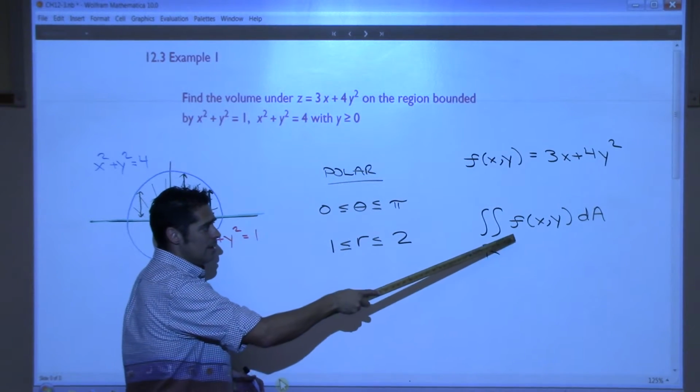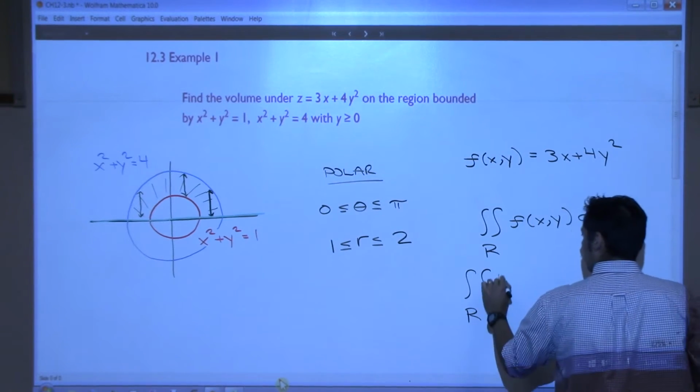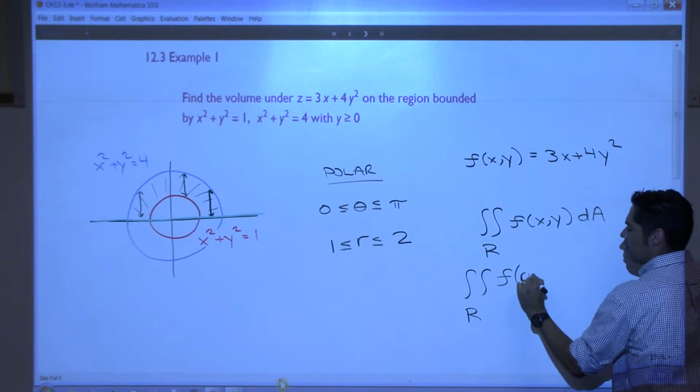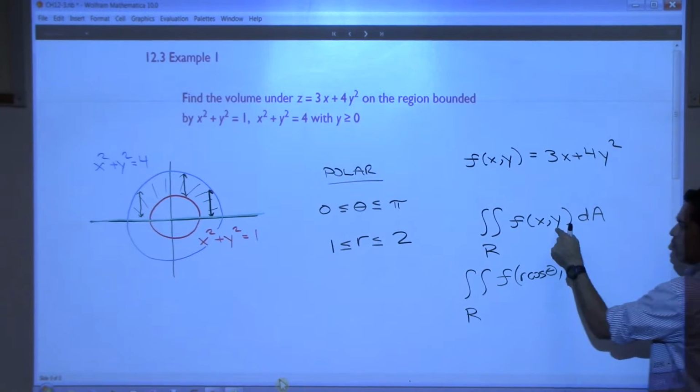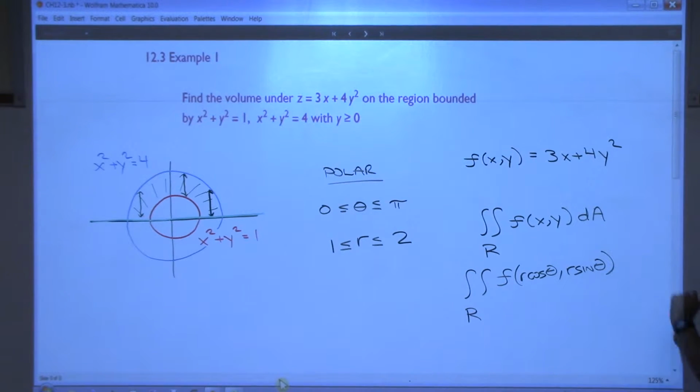To do that, I have to evaluate the function instead of at x, at where? X is replaced with r cosine theta, and y is replaced with r sine theta, and then dA is r dr d theta. Now, this order does not matter right now. Why?